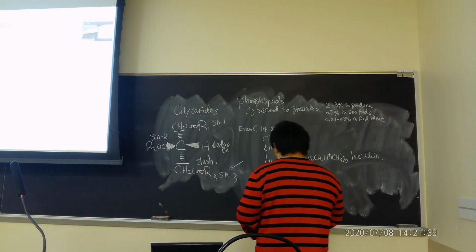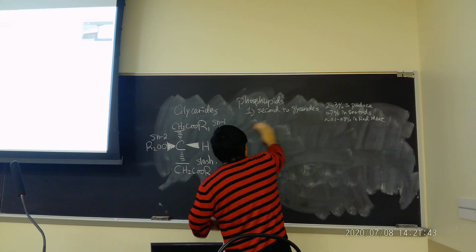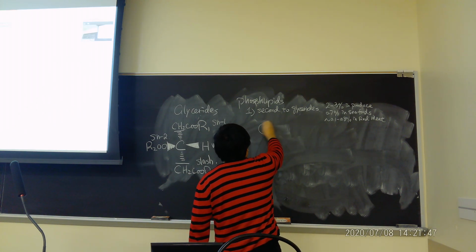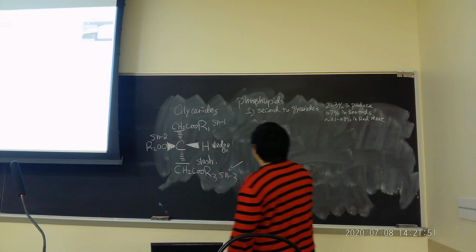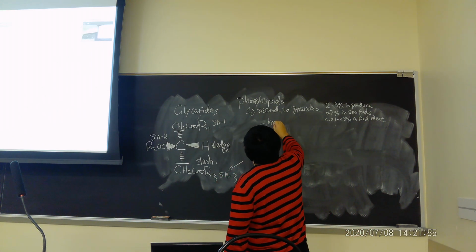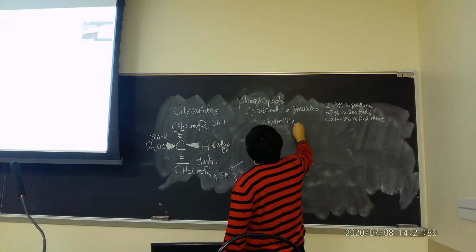Okay, then we want to talk about what the function is. What does the phospholipid look like? Everybody knows this, we just review it. There's the head and the tail. The head is hydrophilic, like water.